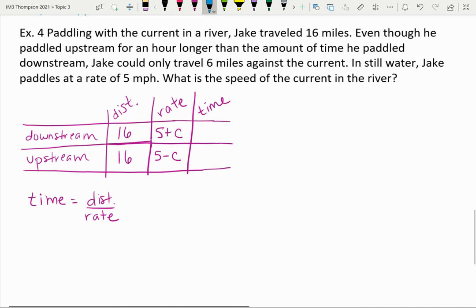Now, time is equal to the distance divided by the rate. So I'm going to get my time by doing the distance divided by the rate. So the time downstream is going to be 16 divided by 5 plus C, which doesn't have a lot of meaning right now, but we'll put meaning to it. And then the time upstream is going to be 16 divided by 5 minus C.